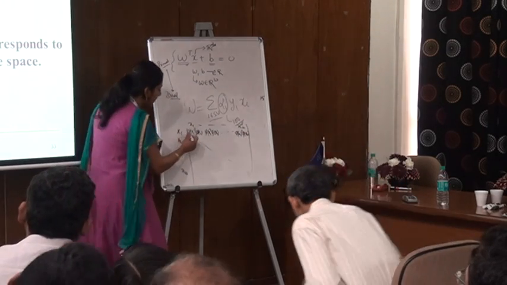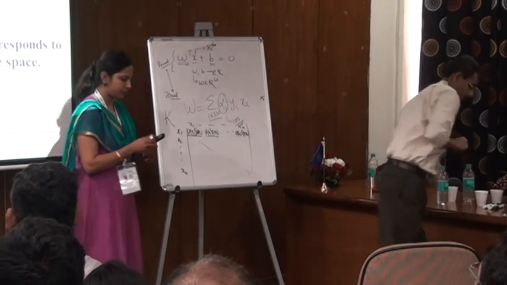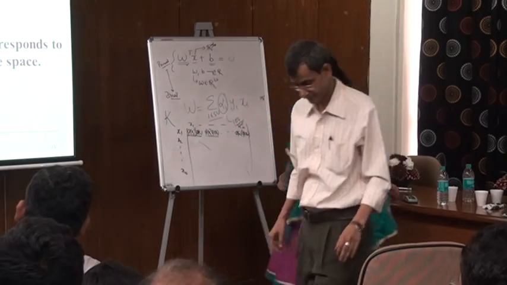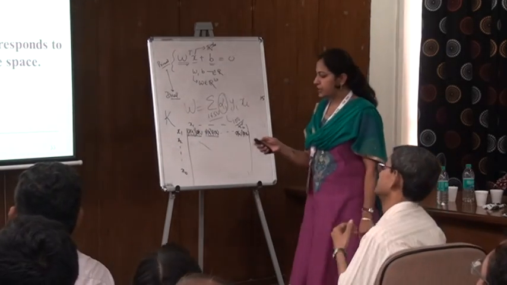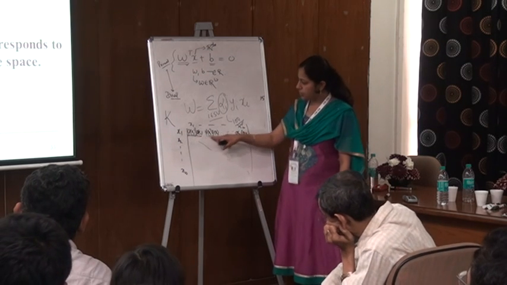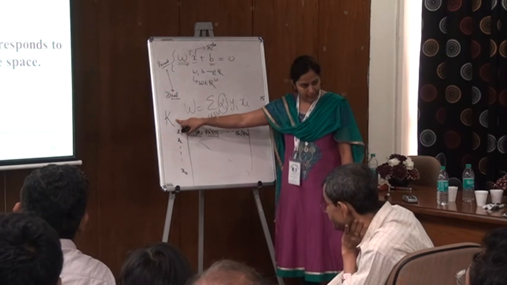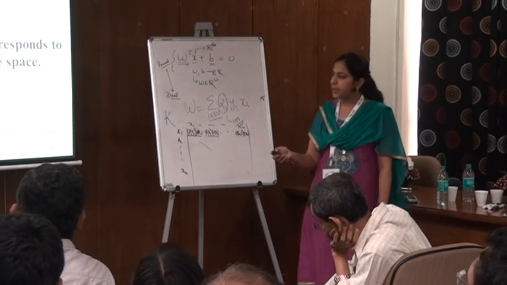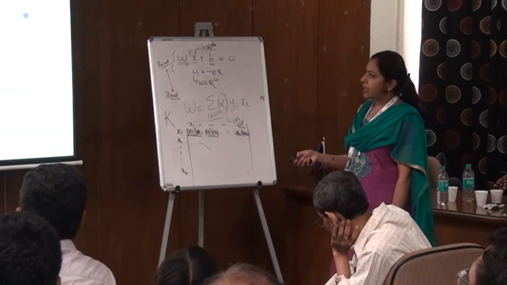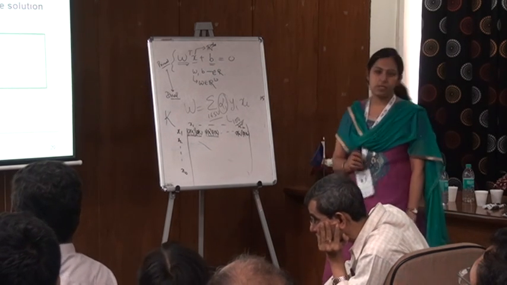So this is nothing but the entries of a matrix, let's say K. That means finally I am not interested in the individual mapping, but in the entries of the matrix K. And this comes in the optimization problem, which is a convex optimization problem.